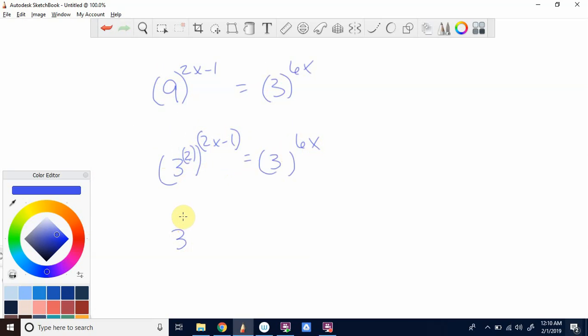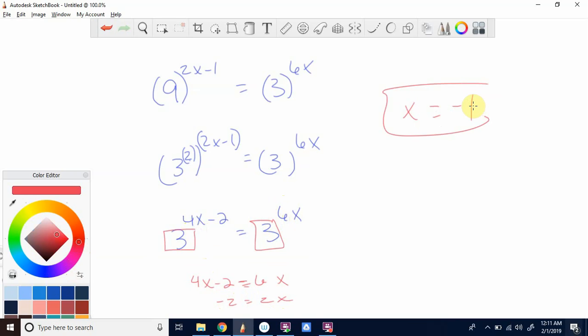So you have 3 to the 4x minus 2 equal 3 to the 6x. Well, now my bases are the same, so then I can make the powers equal each other. Now I have an equation that I can solve. Minus 2 equals 2x, and x equals negative 1.